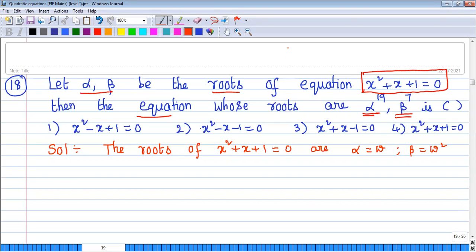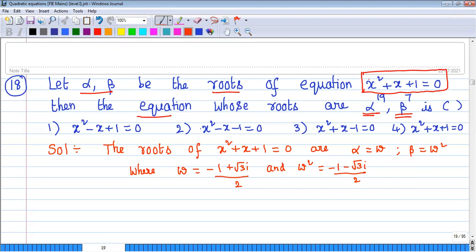Omega and omega square are the cube roots of unity, where omega is equal to minus 1 plus root 3i upon 2. And omega square is equal to minus 1 minus root 3i upon 2.